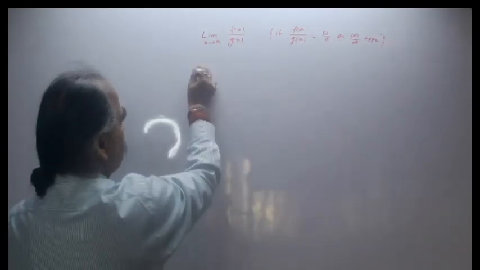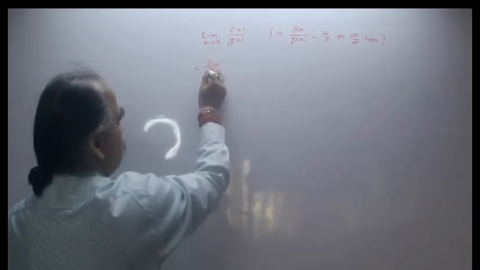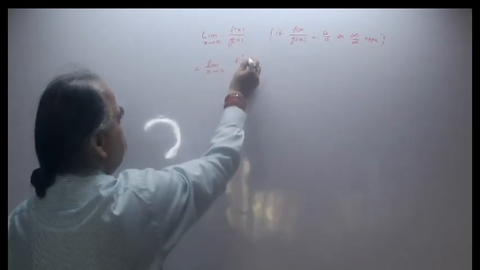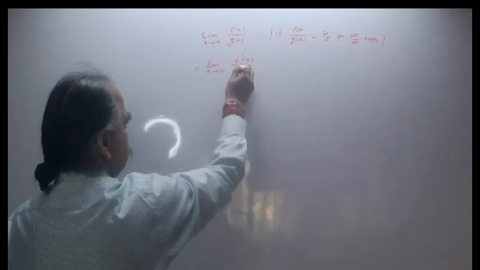According to L'Hopital, the same limit is limit x tends to a, f dash x upon g dash x.